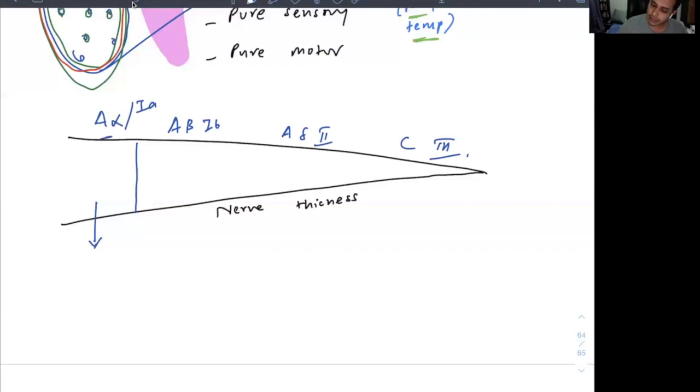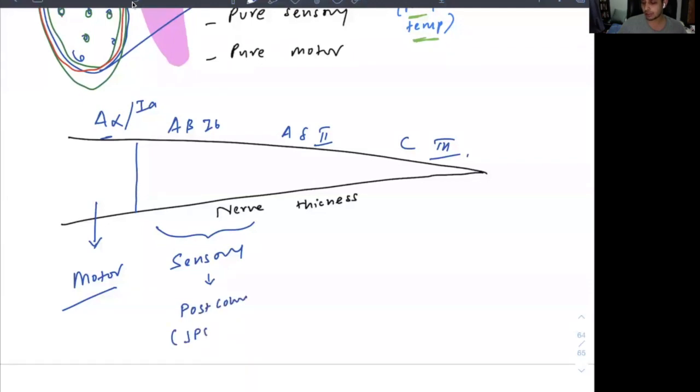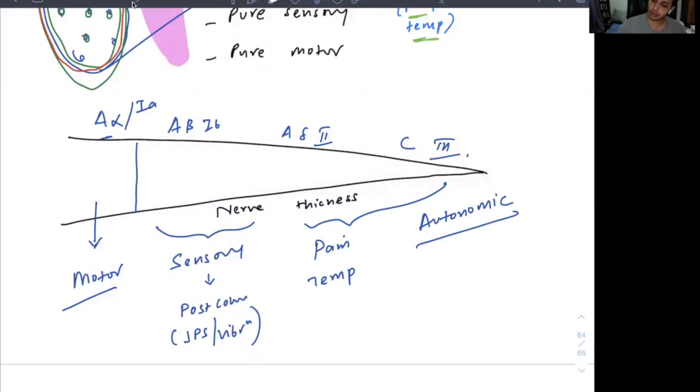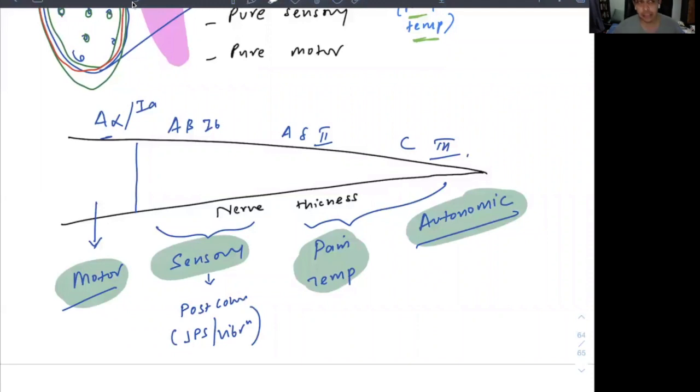But basically, the nerve thickness goes on decreasing, and the fibers of your largest thickness are your motor fibers. After this comes your sensory, that goes to your posterior column, that is joint position sense and vibration. And after this comes your pain, temperature, and finally autonomic. Okay, so your motor is the largest, then comes two types of sensory, and then comes autonomic. So your autonomic fibers are the thinnest one.